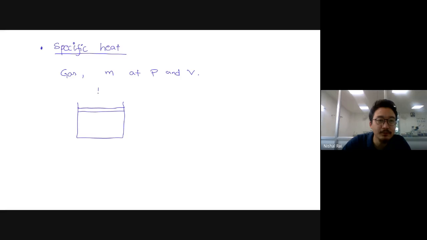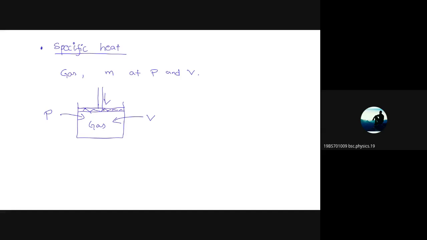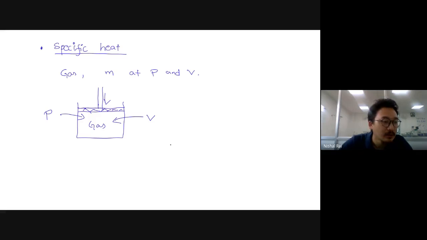The volume of this is V, there is a gas present over here and the pressure is P. By using a piston or something else, you will be able to produce some kind of pressure. Is this clear?